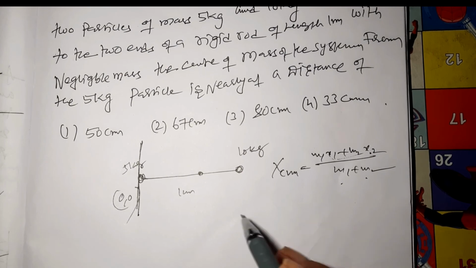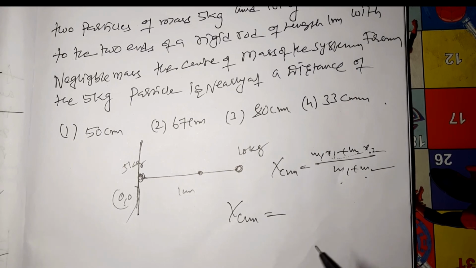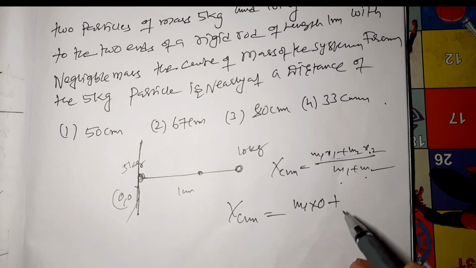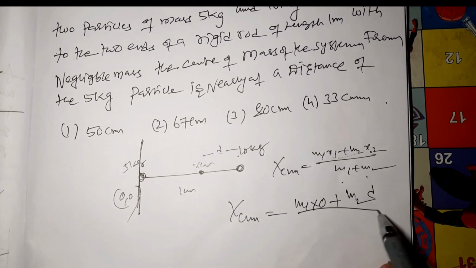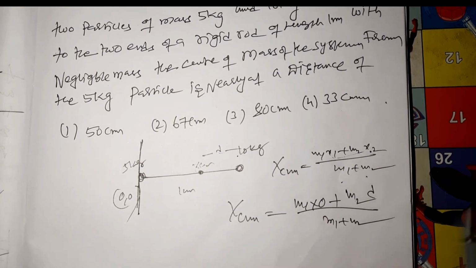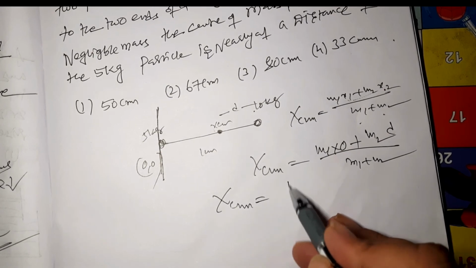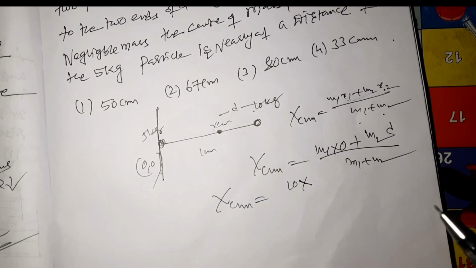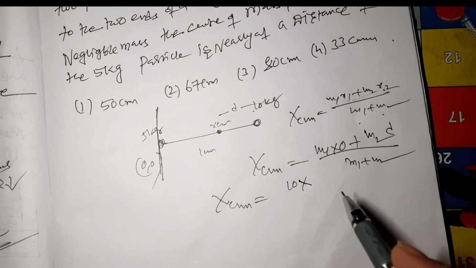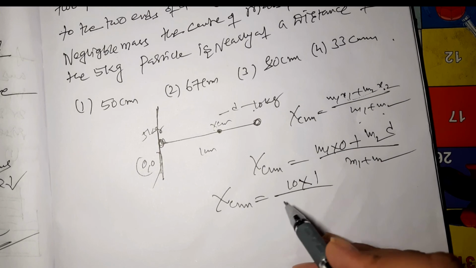So xcm is equal to m1 into 0 plus m2 into d, divided by m1 plus m2. So xcm is equal to 10 into d, where d is 1 meter, divided by m1 plus m2, which is 15.